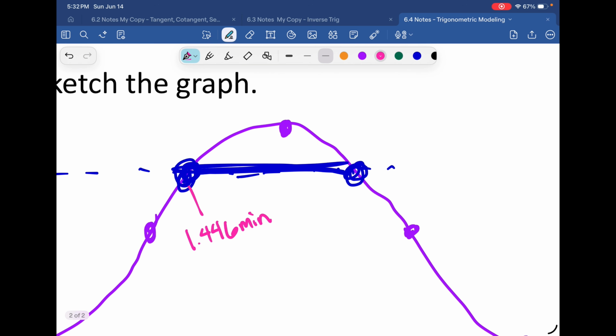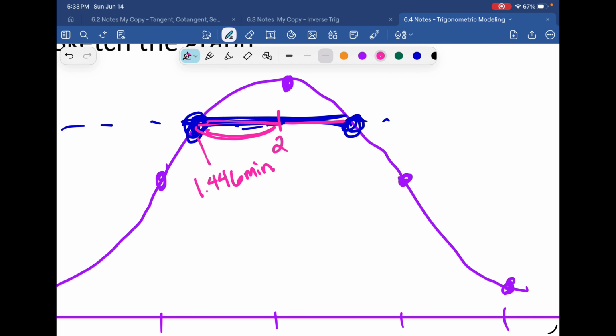All right, well, we have to remember that this time right here is 2 minutes. Well, this is congruent. What I have on the left, I have on the right. So I'm going to find this distance. So 2 minus 1.446.